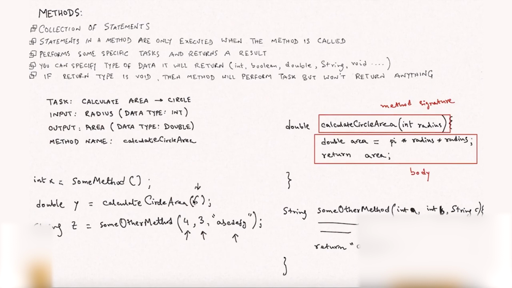Here, this is a parameter. Now, here, there are no parameters. So basically, radius is a parameter. A is a parameter, B is a parameter, and C is also a parameter. Right? So we call these parameters. So I think now you know more or less everything there is to know about methods.